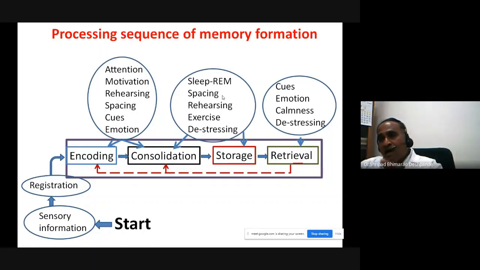Some remember fast, some slower, but both are equally good in storing the information. So you need to have a space or time in between. Then again, maybe tomorrow, if you rehearse, it becomes consolidated very strongly. So the consolidation becomes stable.